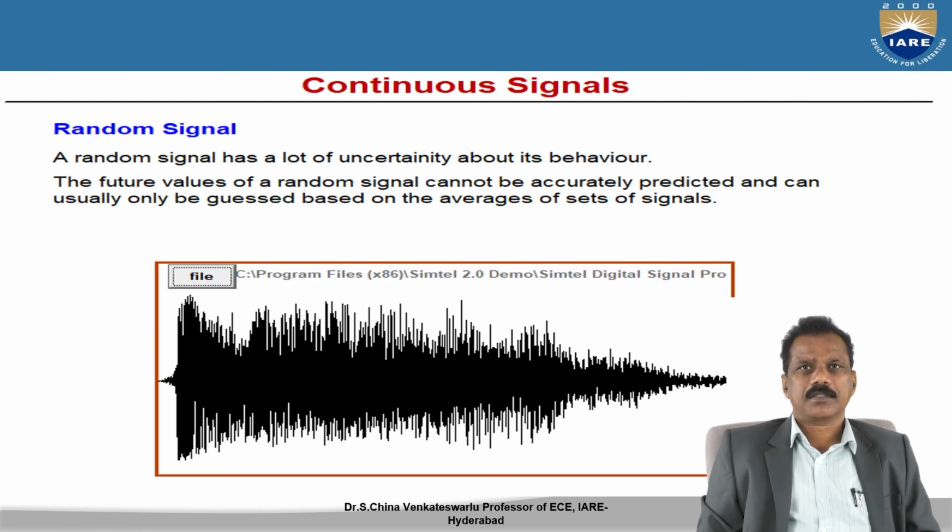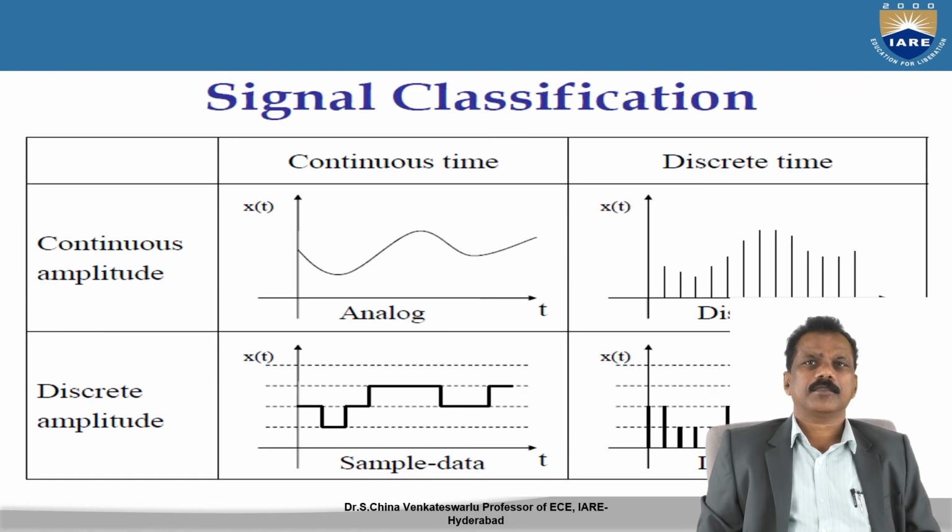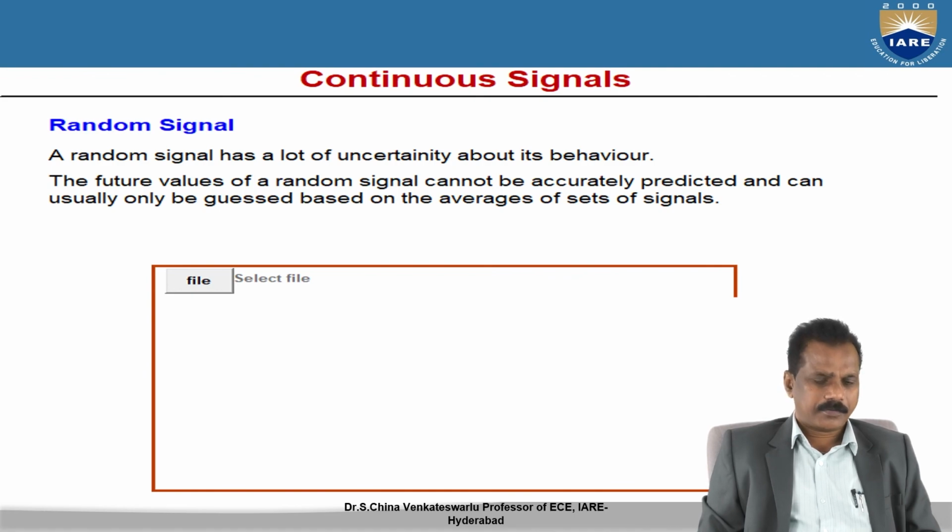So you have to consider a simple .wav file. Due to this, the signals are varied. Verify whether it is a random signal or not. A random signal file is selected, and you can verify this all.